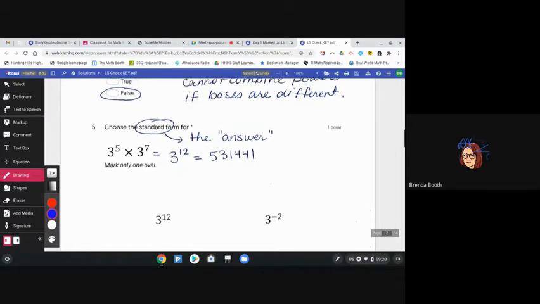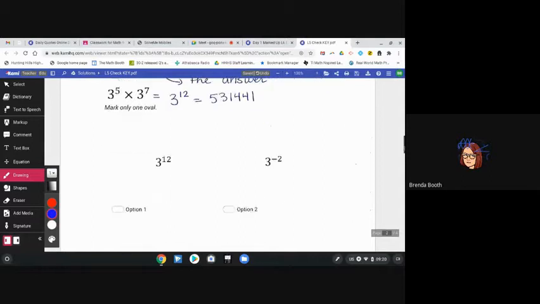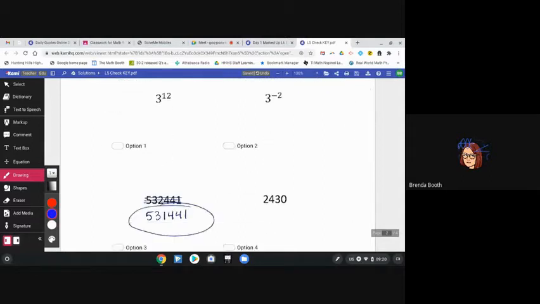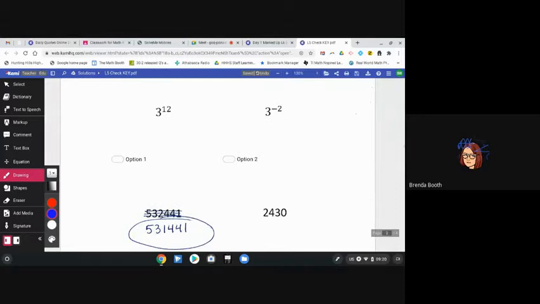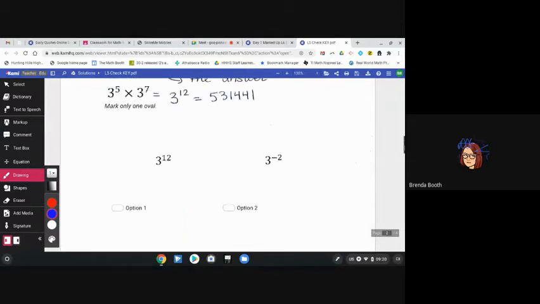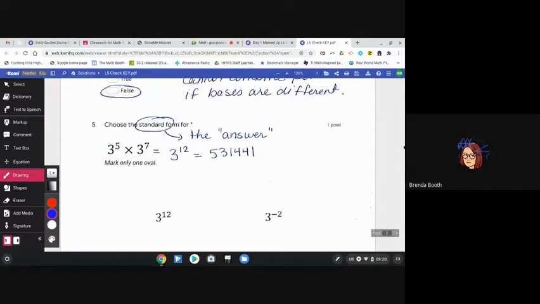And then number 5, I had a typo on it when you guys did it, so I actually just excused it. We omitted it. So rather than marking this out of 8, I just took that question off and marked it out of 7. But just to look at the work here, a lot of people in their work chose 3 to the 12th.